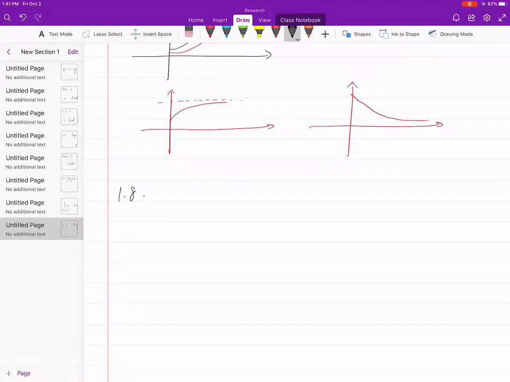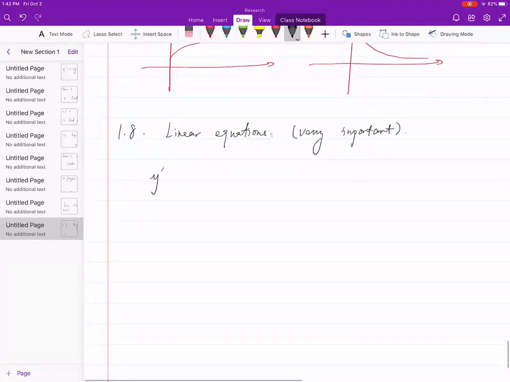1.8 linear equations. Very important. We talk about linear equations here. Later, we talk about linear systems. Okay.